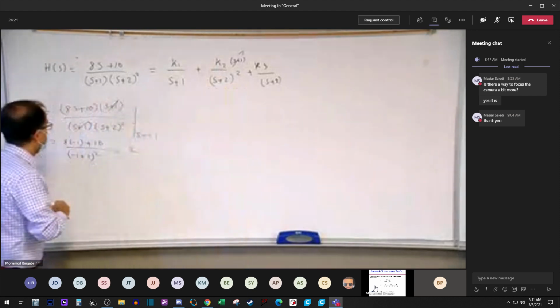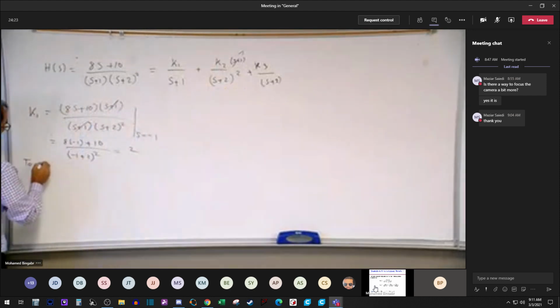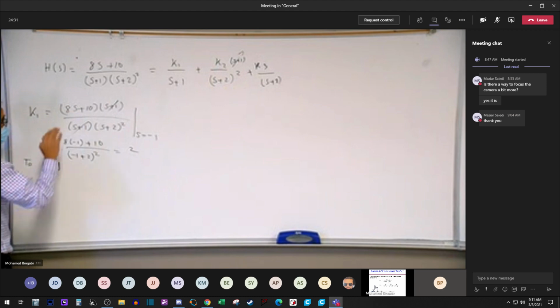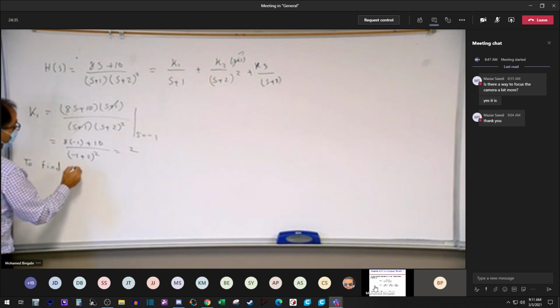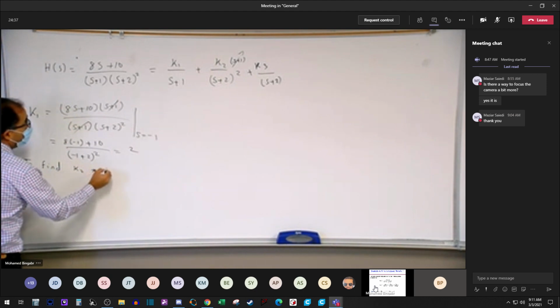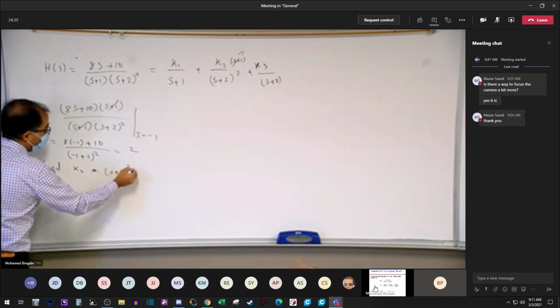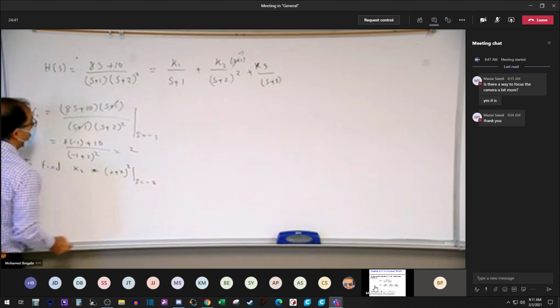So to find K2, always start with the unknown that has the denominator to the highest power. Multiply by (s plus 2) squared and then set s equal to minus 2.